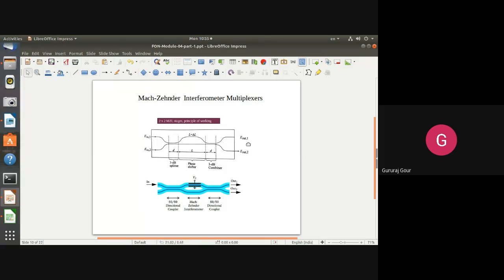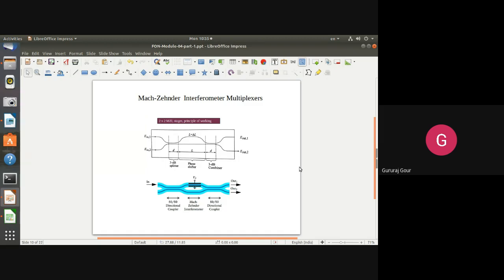So this is similar to the Fabry-Perot cavity interferometer resonator, where you have seen that between the two reflecting facets, the light rays are undergoing multiple reflections, and 90% of the reflections will be retained inside the facets.